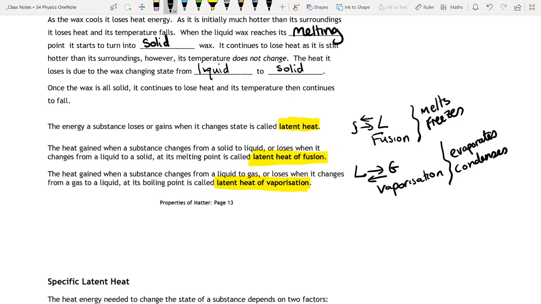Okay, so they're different numbers, so you have to be able to pick out the correct one. So it's important that you remember that fusion is when something goes from a solid to a liquid or a liquid to a solid. And vaporization is when something goes from a liquid to a gas or a gas to a liquid. Okay? So we're going to go through an example of this on the next page.